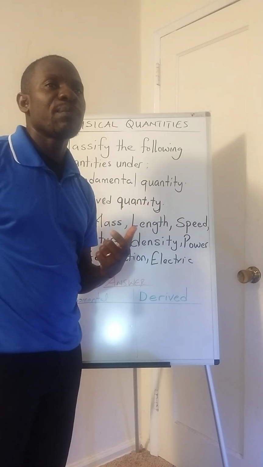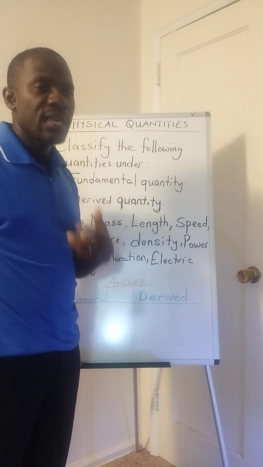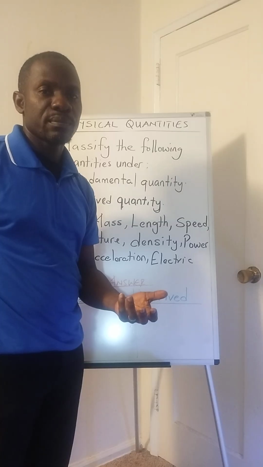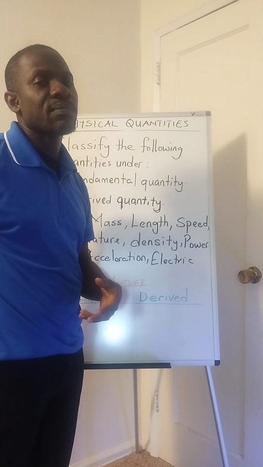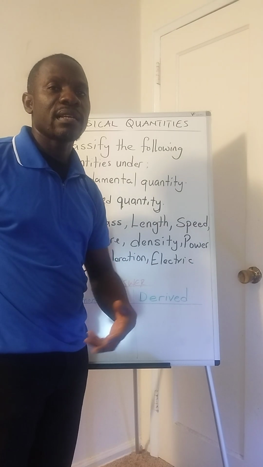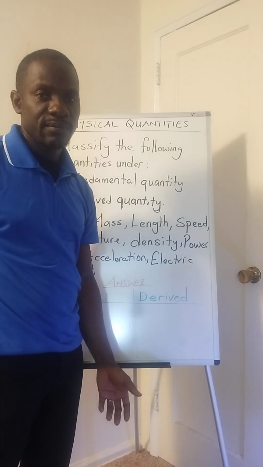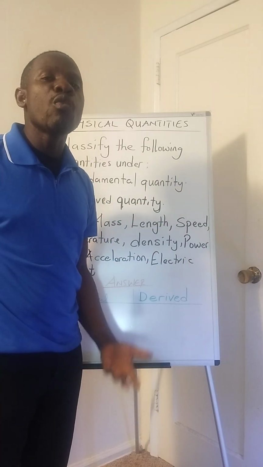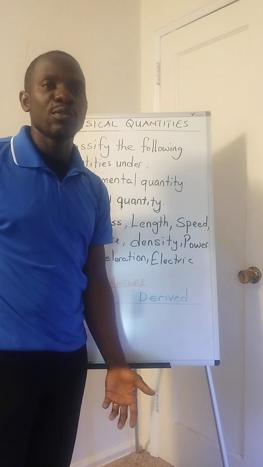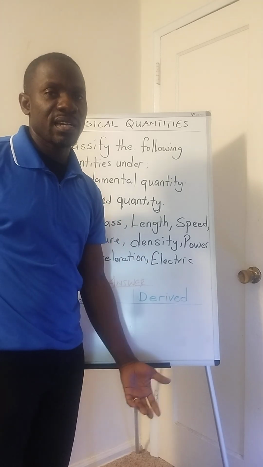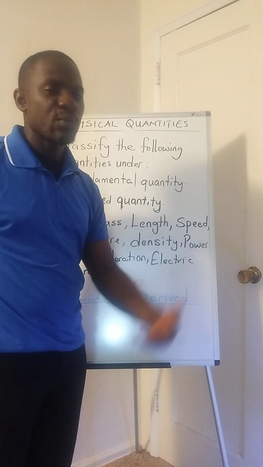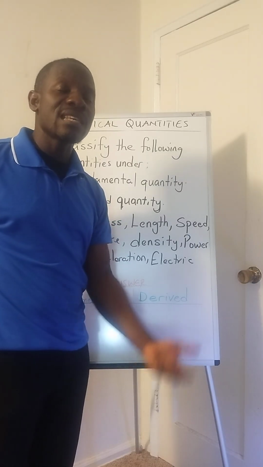Now, the clue is, if you think it's going to be a problem, first try as much as possible and then come out with the derived ones. Now, in order to know that a quantity is derived, you should know its mathematical expression. And so, that would make it much easier.